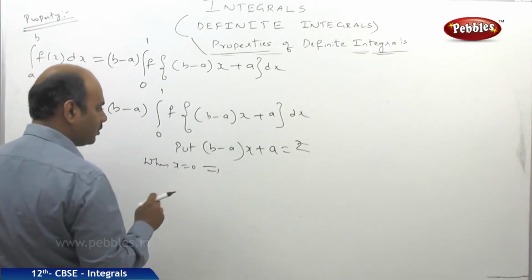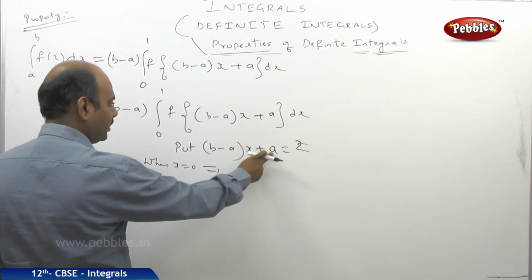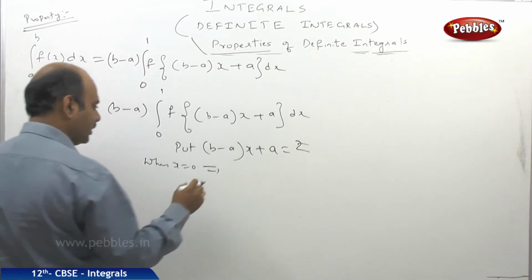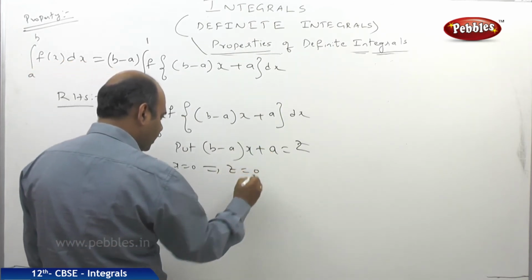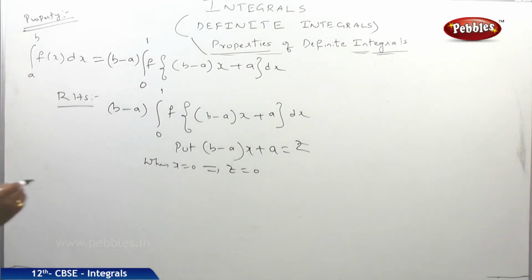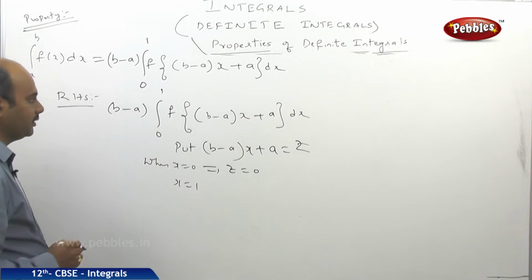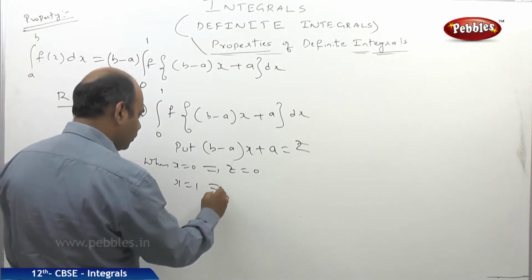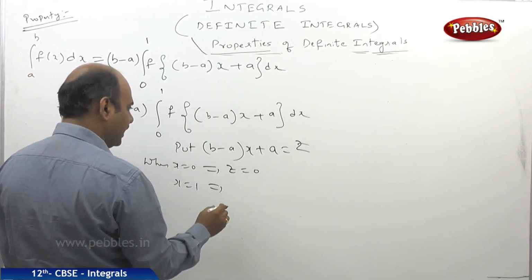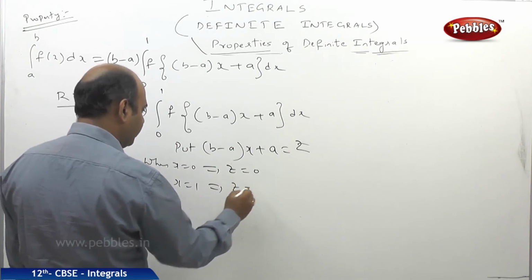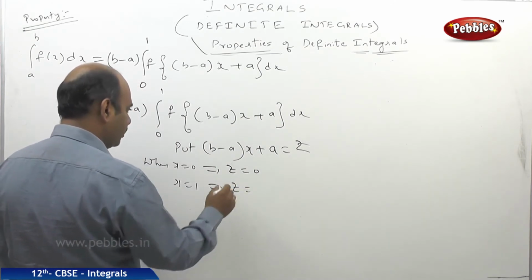In place of x, substitute 0, so b minus a into 0 plus a. So I'll be getting the value of z as a. Right. Now I'll be putting x is equal to 1. When I put x is equal to 1, a will be getting cancelled, and finally I'll be getting z is equal to b.